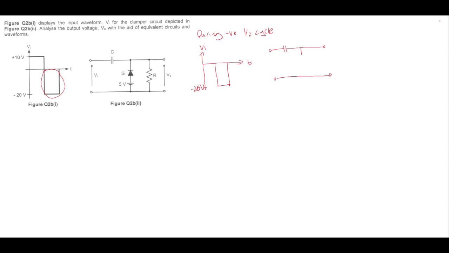For the negative half cycle, the polarity at the top must be negative and the bottom must be positive. The current flows from positive to negative.